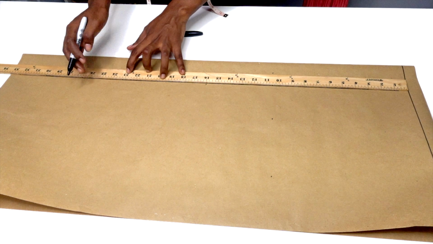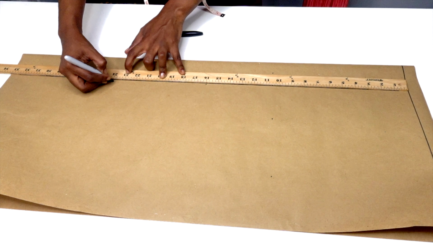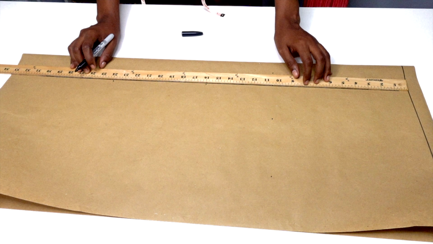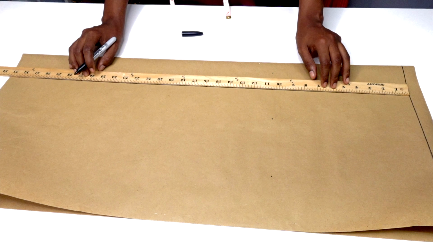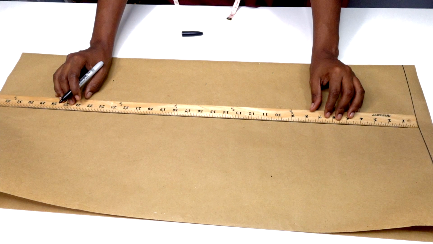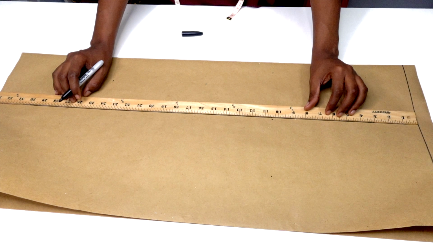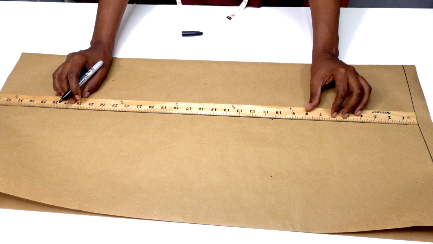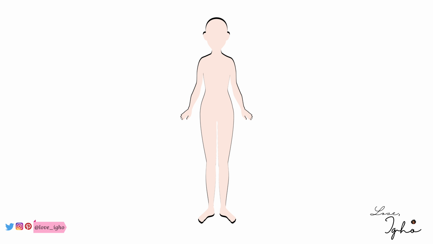And the distance between my waist and hip is 8 inches. These are typical dimensions that you would expect, not for everybody, but for the average person: a bust point of 10.5 inches, a waist point of 16 inches from the shoulder line, and a waist to hip measurement of 8 inches.